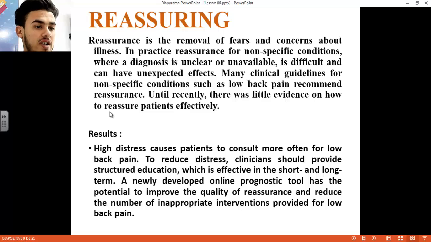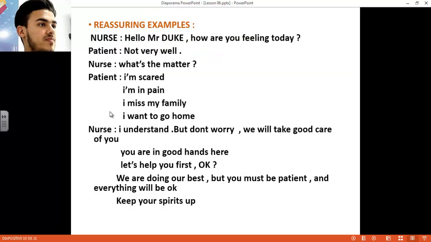So here we give an example about a patient who is suffering from back pain. The nurse here is trying to reduce the fear of the patient and giving some optimistic observation to the patient. Reassuring example. We will see here a dialogue about reassuring.